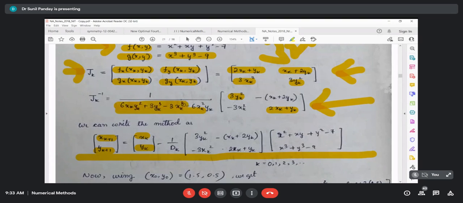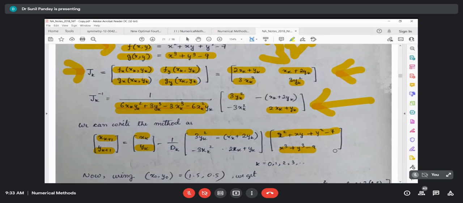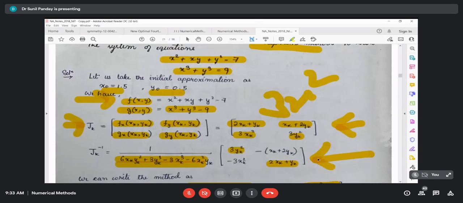This is actually our F at x k y k. It is wrongly written here; we have to write it in terms of x k y k. So this is x k square plus x k y k plus y k square minus 7, and x k cube plus y k cube minus 9, because we have to evaluate all these values at the point x k y k.